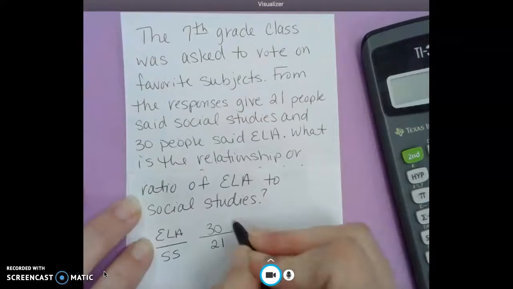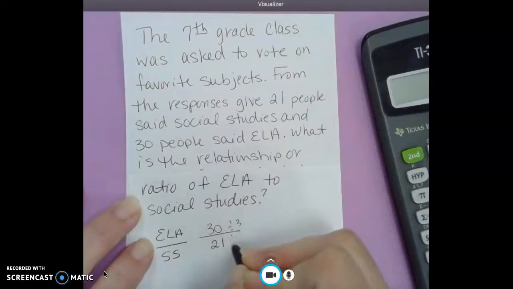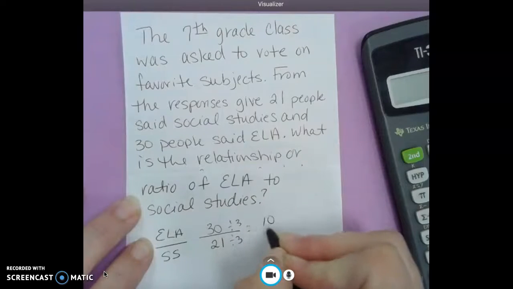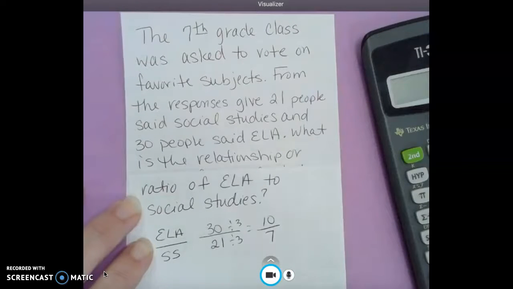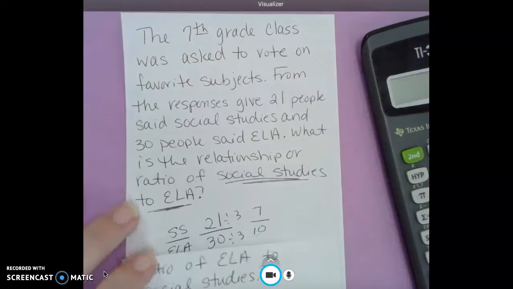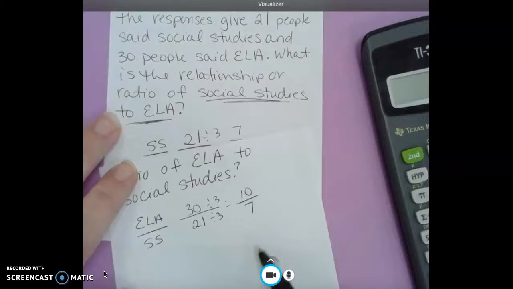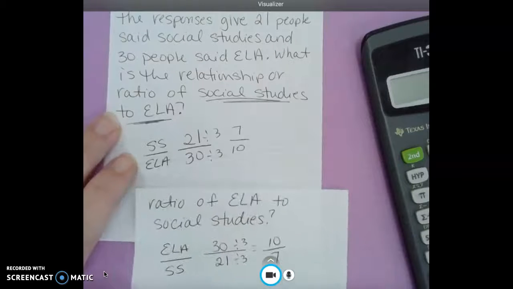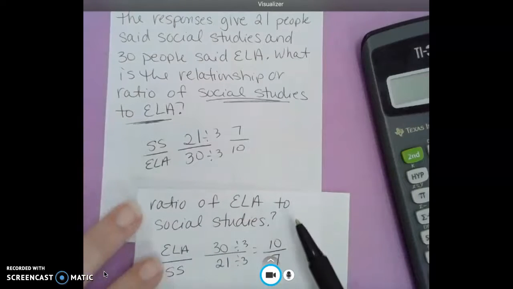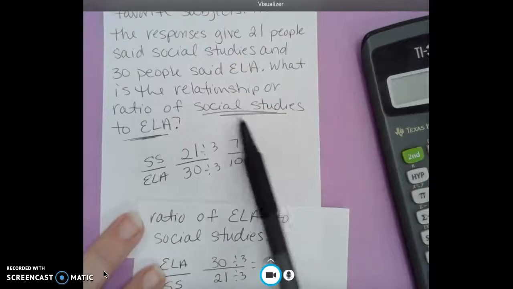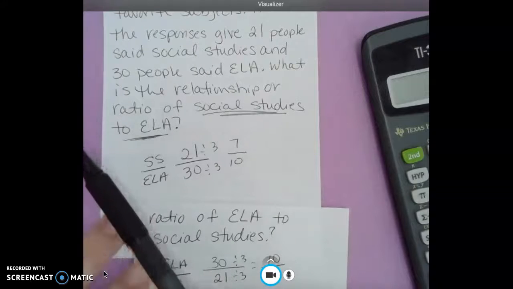So we still have to divide by 3, and we get 10 to 7, which they're both dealing with a 10 and a 7, but 7 over 10 and 10 to 7 are two different answers. So when you do word problems, be very careful that you're mindful and pay close attention to the exact order that it asks for your response.